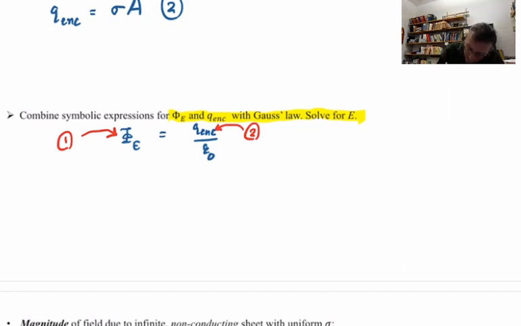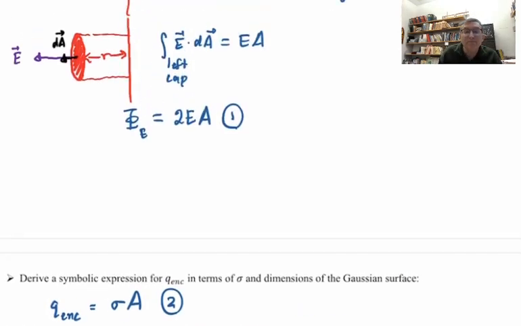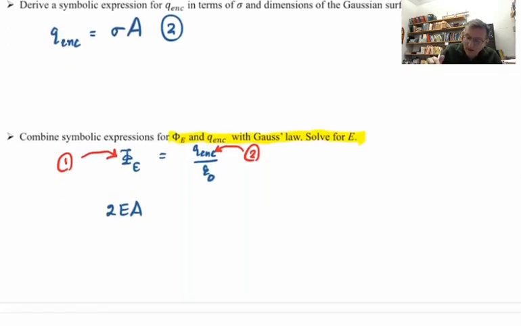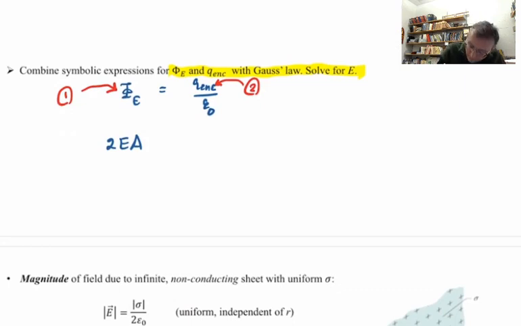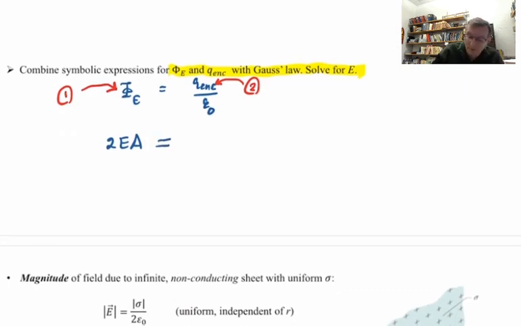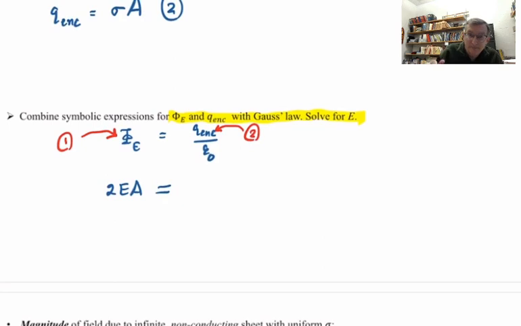So we get 2EA, right? That's equation 1. See it? Equals. From equation 2, you can see it right there, for the Q enclosed, we write sigma A, and that's divided by epsilon 0.